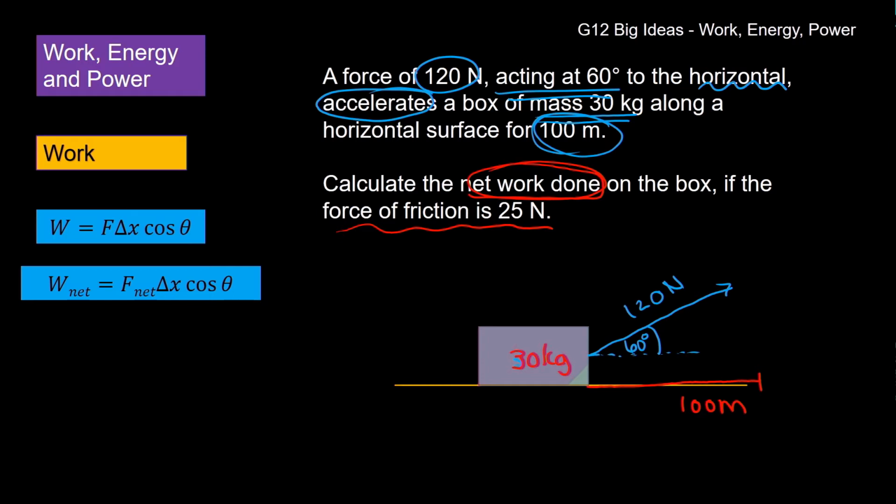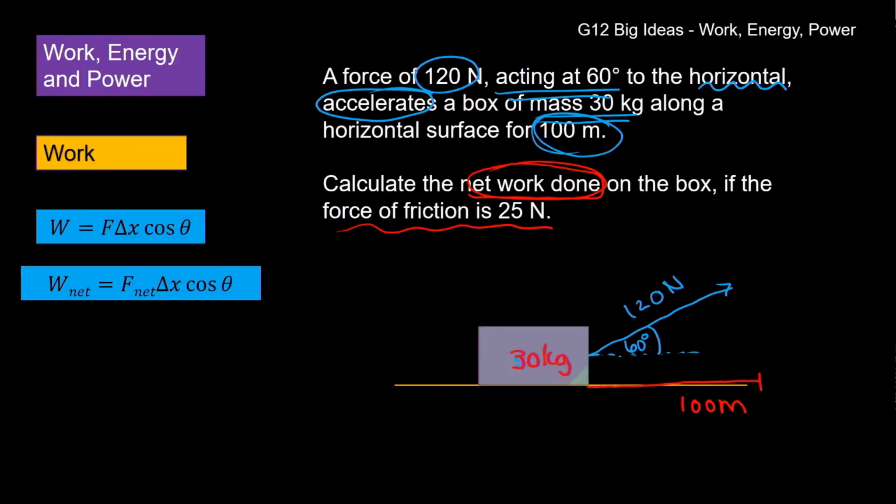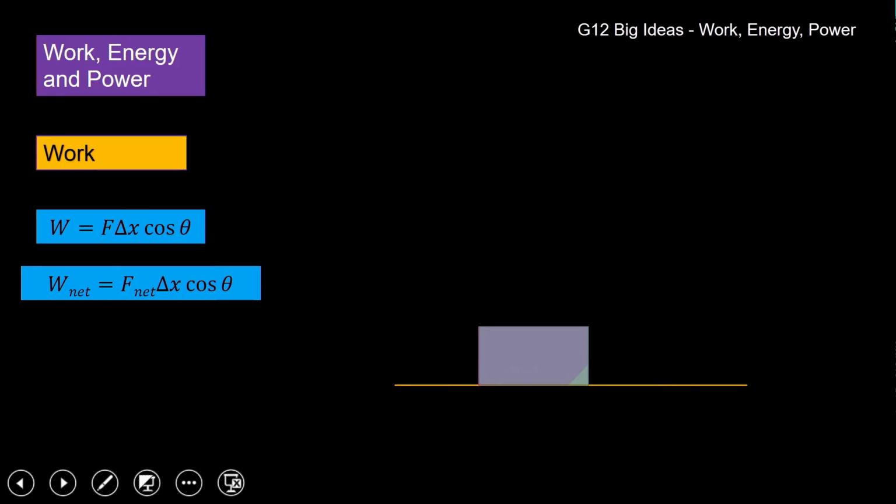I am going to first figure out what the net force is on this system, and then I'm going to use the net force and put it into this equation to calculate the net work done on this box. So let's first work out our net force.